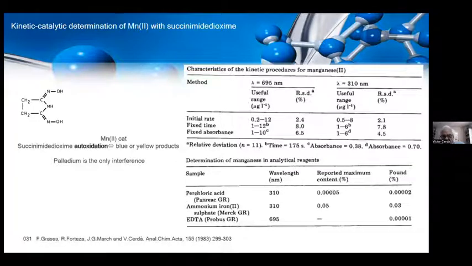The reported maximum quantity was this percentage, and we have found, applying this method, the true value in the reagent. It has also been applied to salts, giving good results, and also to EDTA products, which was not reported because the iron content in the reagent is very, very low.